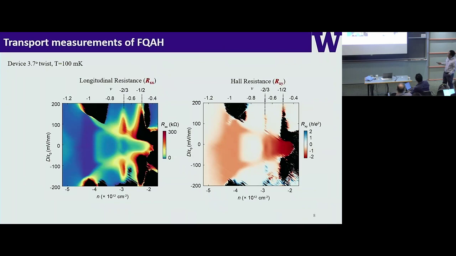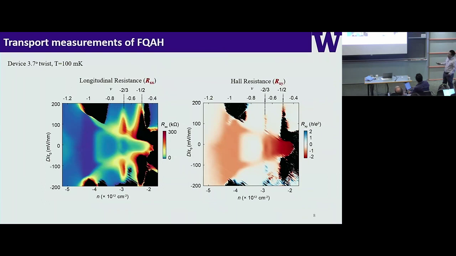And between -1 and -2/3, there's a pocket of suppressed RXX with also suppressed RXY. RXY here is on the order of a few kiloohms, so that's the ferromagnetic metal phase. Then there's another interesting feature near -1/2 filling. You see RXX is suppressed, but a very large RXY. And this is the putative composite Fermi liquid phase.